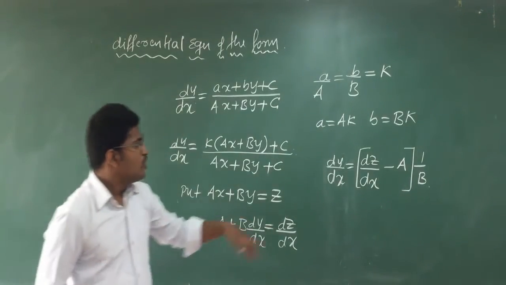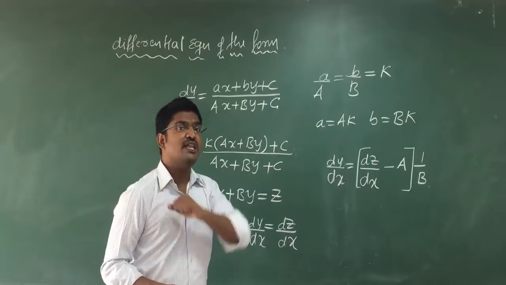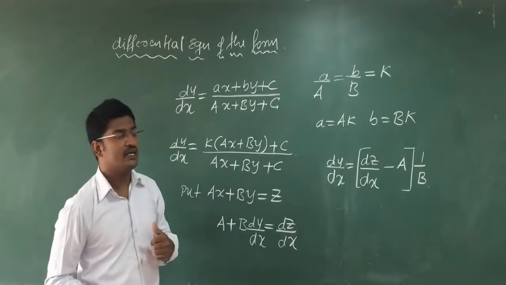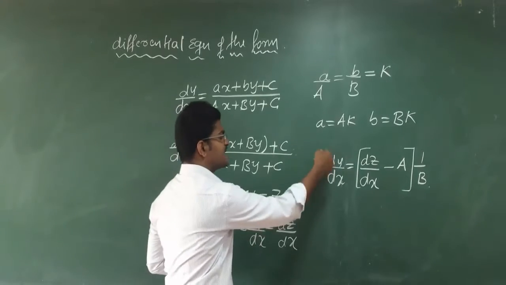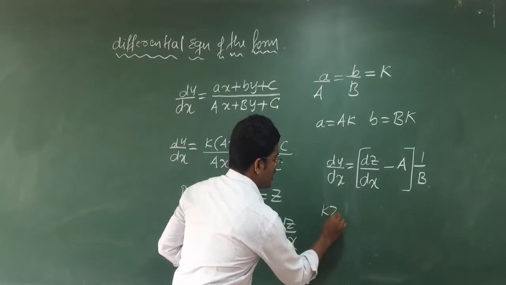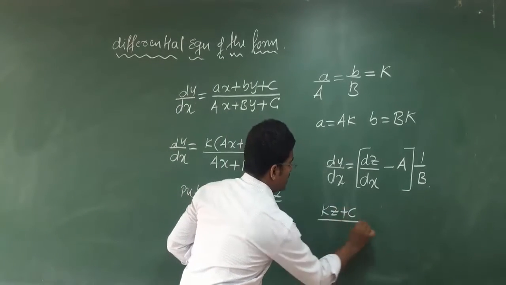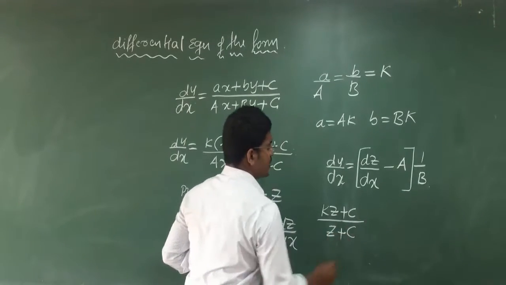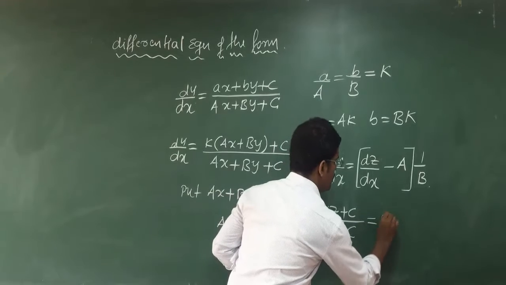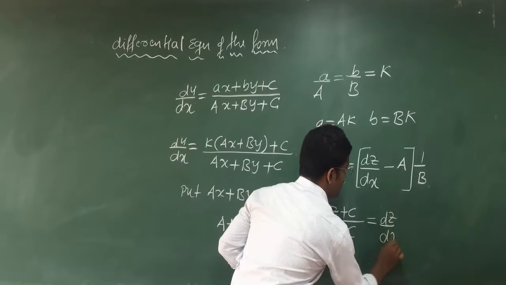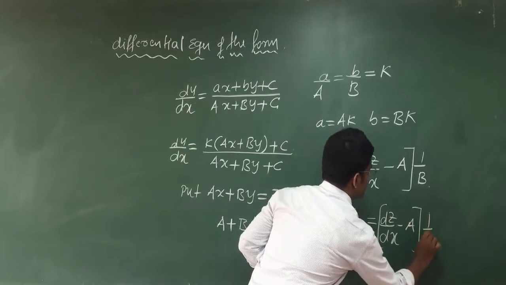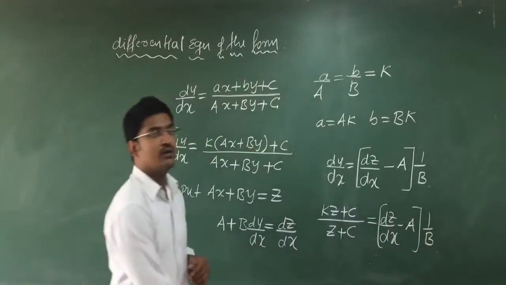So now your dy by dx can be replaced, as this term is z, this term is z. So dy by dx can be replaced as k into z plus c divided by z plus c, which is equal to dz by dx minus a multiplied with 1 by b.